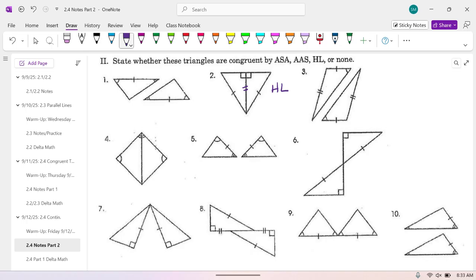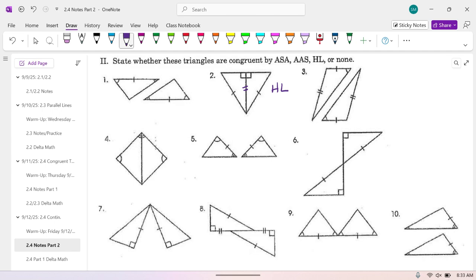Okay, I know I said that was the last one, but one more. Number 8. What do you think? It is hypotenuse leg. Now, why can I assume that these 2 sides are congruent specifically? They have the same marks, but what about this part right here? That's the part that's not marked.